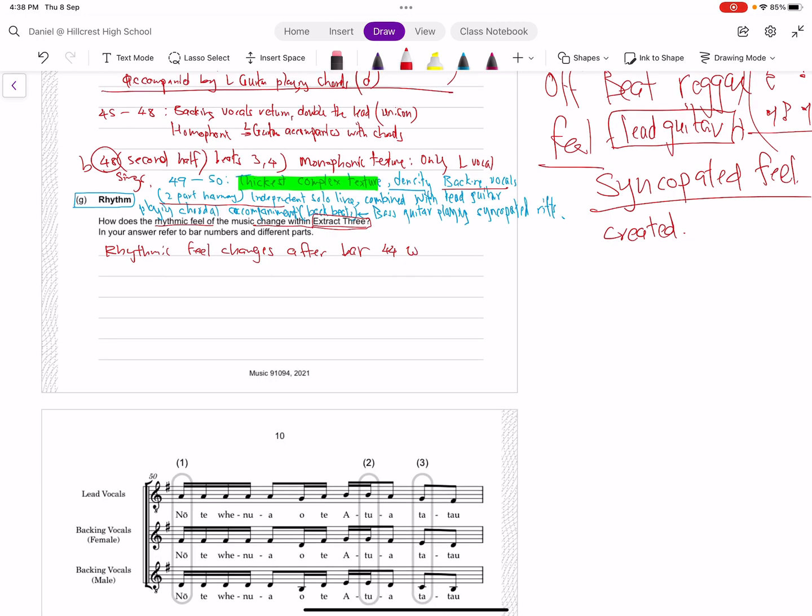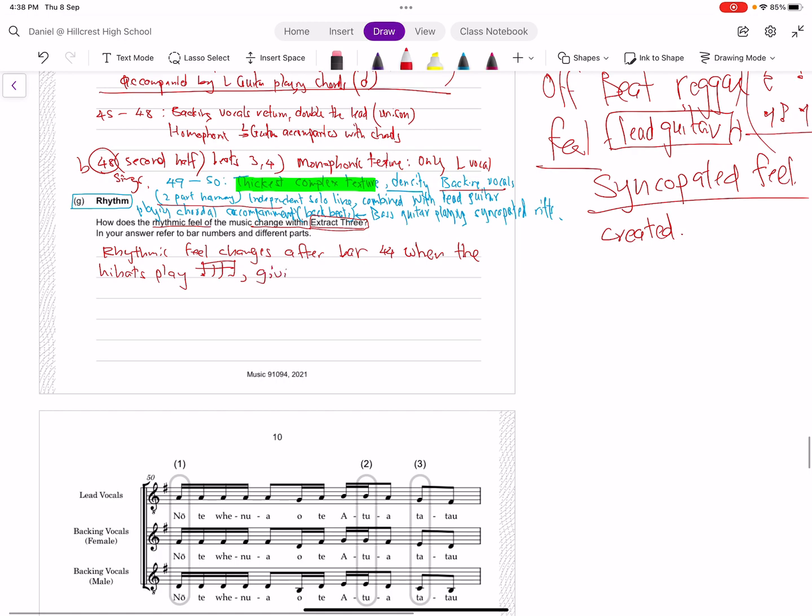When the hi-hats play this, you could say 4 semi-quaver beats or 16th note beats, giving the music more drive, more rhythmic drive.